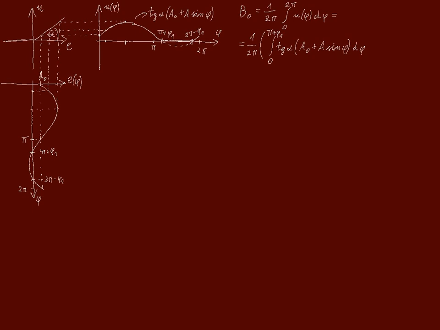To this, we need to add the second integral at the end of the period. We ignore the segment equal to 0 because the integral of 0 is 0. The alpha tangent is a constant, so we can take this out before the integral.